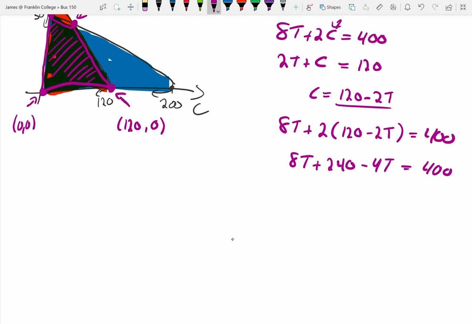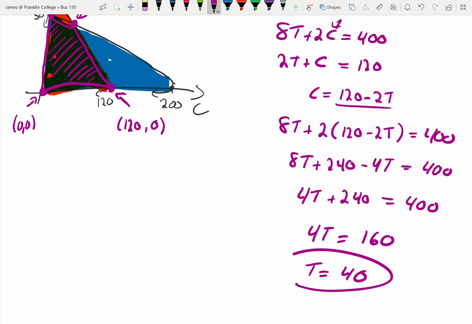Combine our t's together, 8t minus 4t, 4t plus 240 equals 400, minus 240 from both sides, so 4t equals 160, and t equals 40.